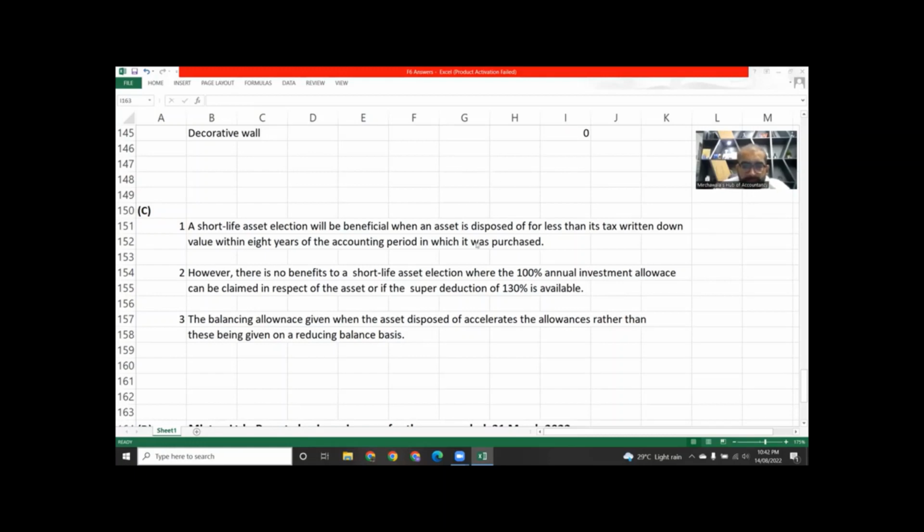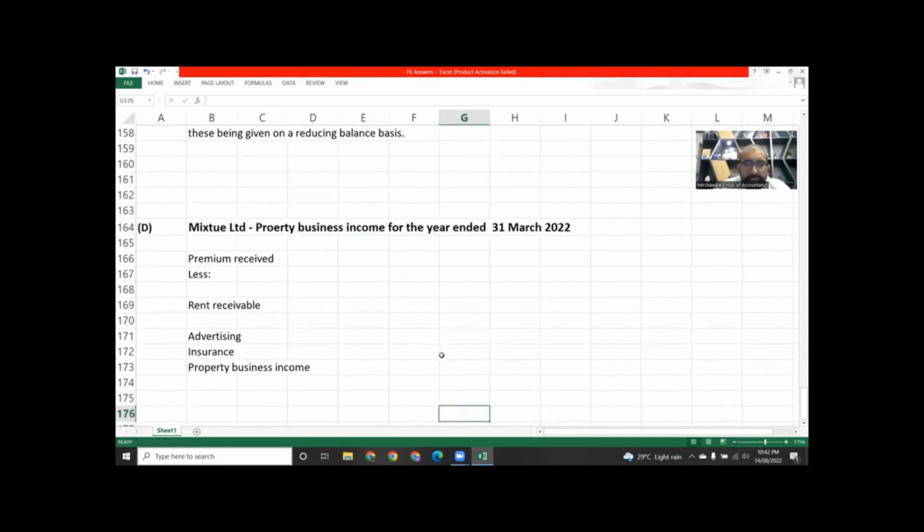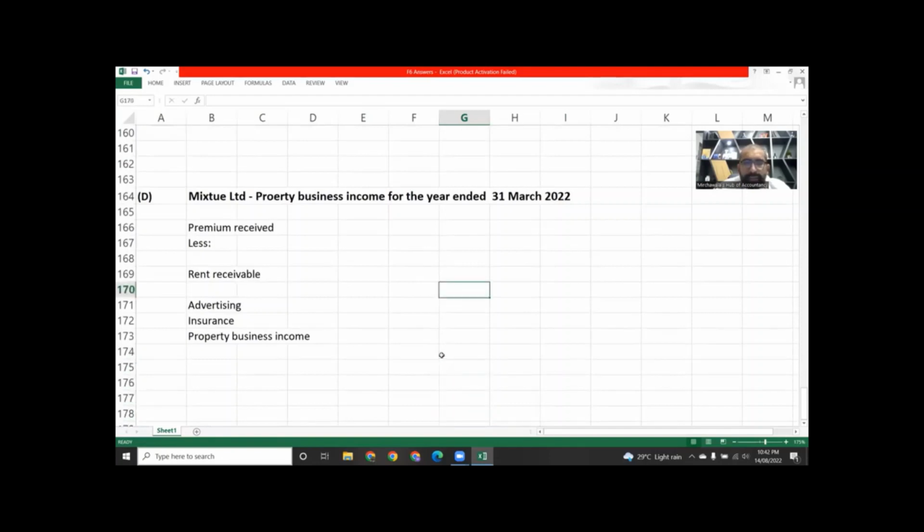Now, the last thing is property income. Listen. In the property income, check the question. First of all, let's do premium received. How much was the premium received? 18,000 less 2% into n minus 1. What is n minus 1?